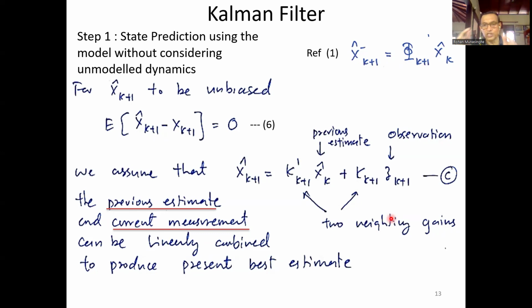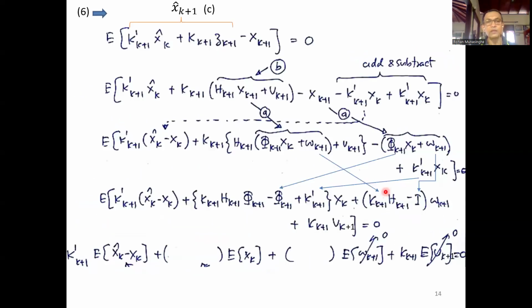There's one sweet spot between these two, k dash and k, which makes the error 0. So we went ahead with this process last week and eventually figured out when the Kalman filter prediction is unbiased, or 0 error.